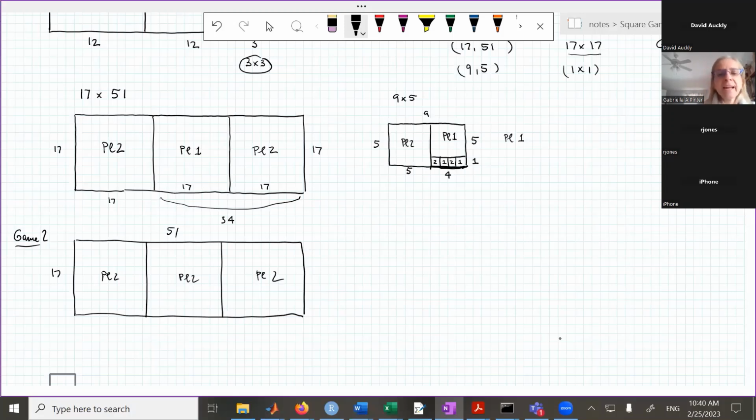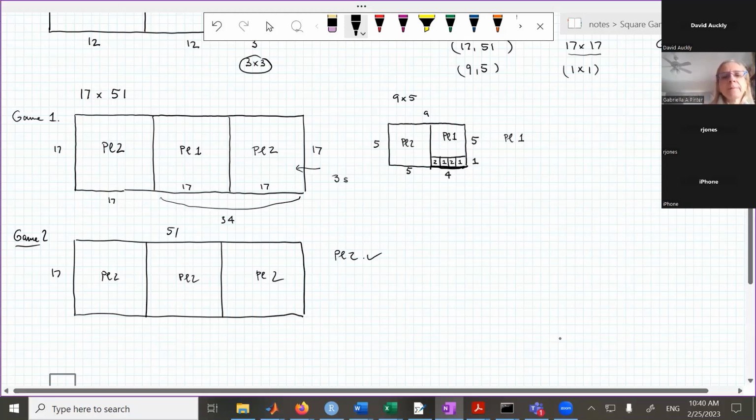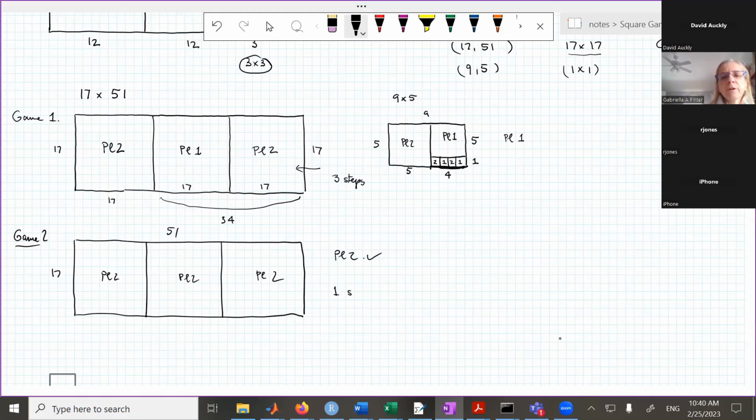So in one step, the game is over and player 2 won. You see, player 2 won in the original game too, in game 1. But the game took, let's say, 3 steps or 3 moves. Here, it was just 1 step or 1 move.